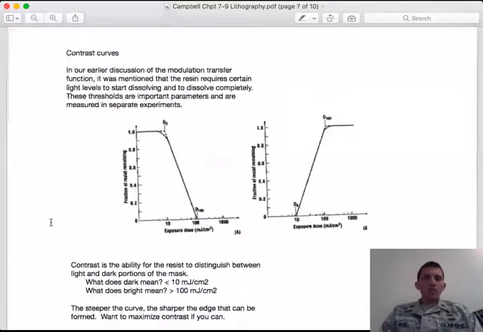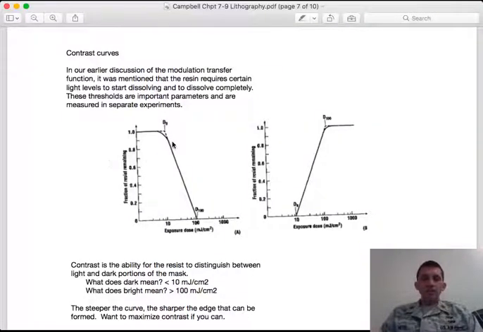Okay, so we talked earlier about this modulation transfer function, and I reviewed it a little bit at the beginning of this video, where the light regions are only so bright, and the dark regions are only so dark. And this goes hand in hand with the resins, because the resin is being changed by the light.